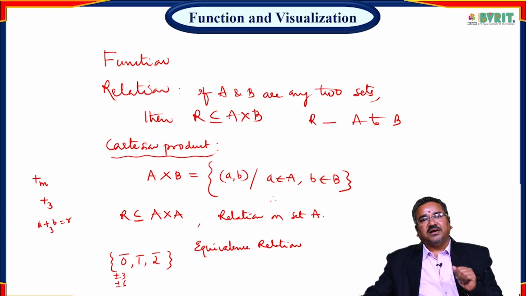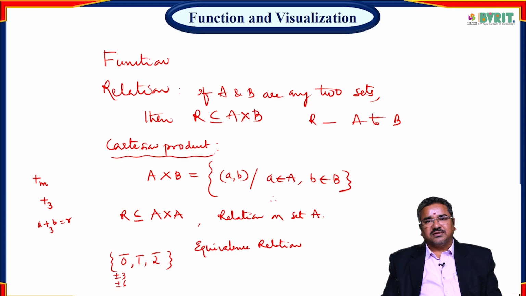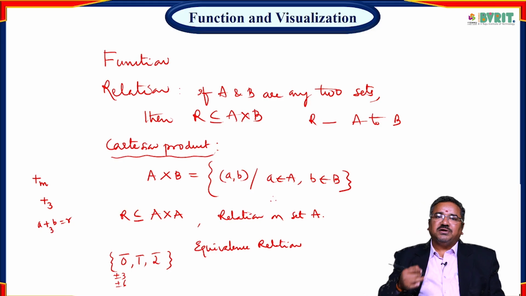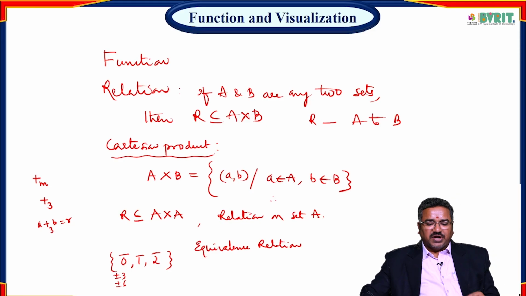In a similar manner, 1 bar. What is 1 bar? 1 bar is the equivalence class that leaves the remainder 1 when divided by 3. What elements will come? Plus or minus 4, like that. Similarly, 2 bar: all the elements that leave the remainder 2 when divided by 3.